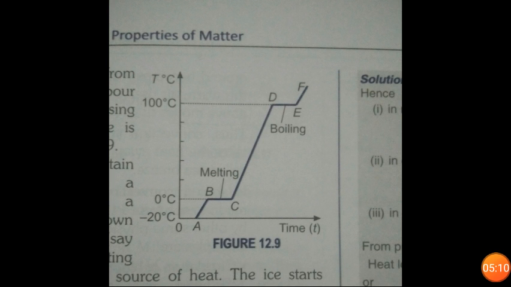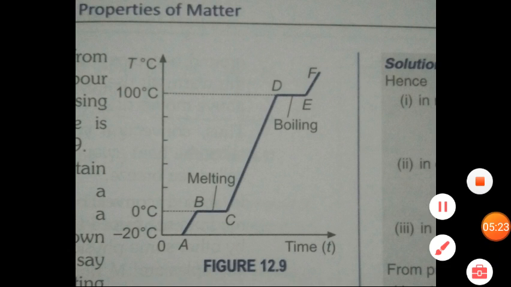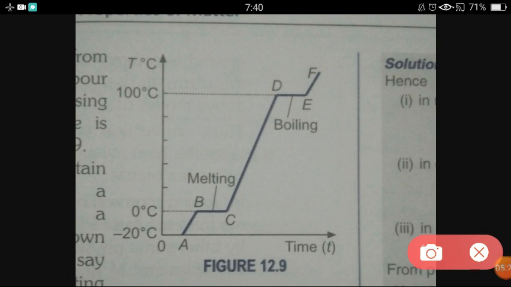Here in front of you is a graph showing different points for water: first the melting point, then the boiling point. In this graph, on the x-axis we have taken time and on the y-axis temperature. 0 degree centigrade is the melting point.